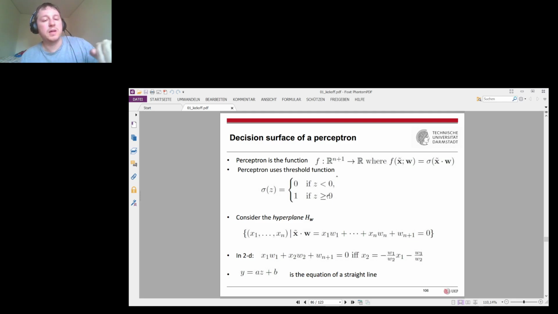On the hyperplane, it gives the value 1, but it's kind of undecided, because if the input argument would be a little bit decreased, then it would give the value 0. On the hyperplane it switches the decision. To one side of the hyperplane it gives the value 0, to the other side of the hyperplane it gives the value 1. So this is the connection between hyperplanes and this threshold activation function.